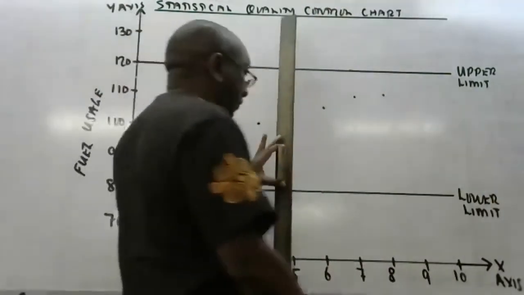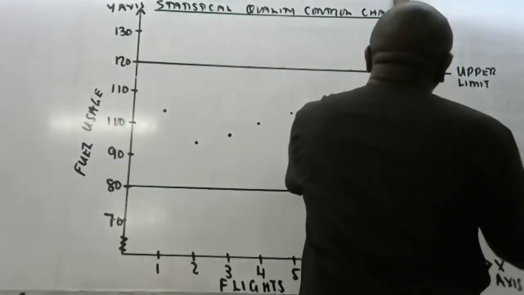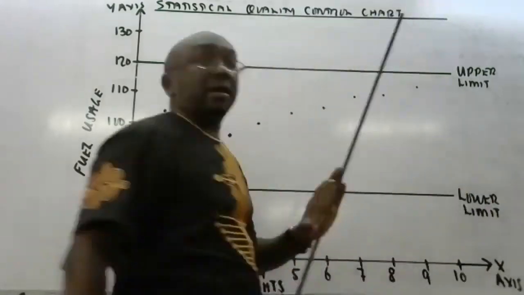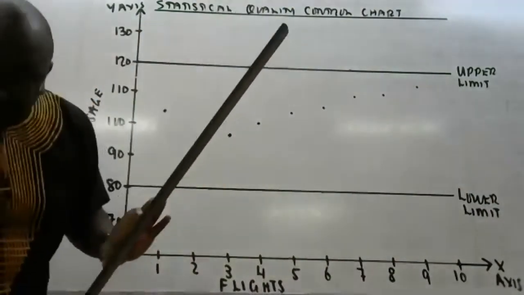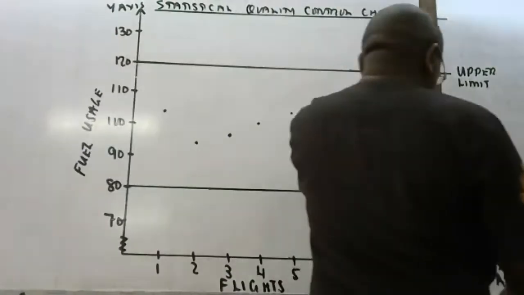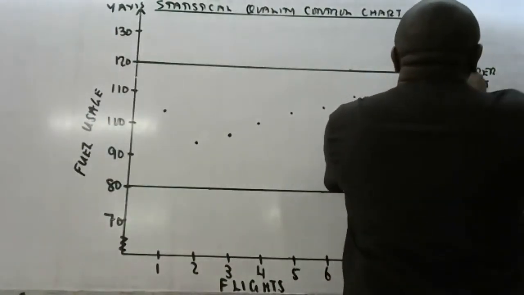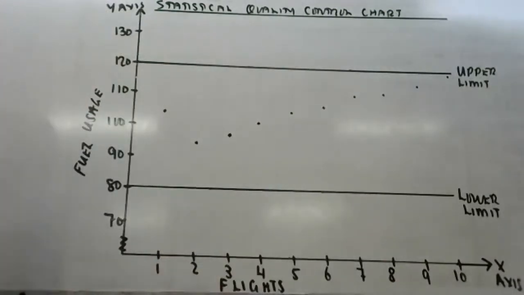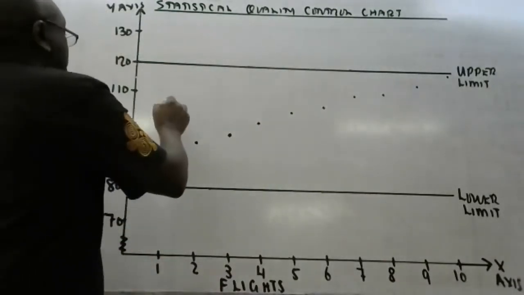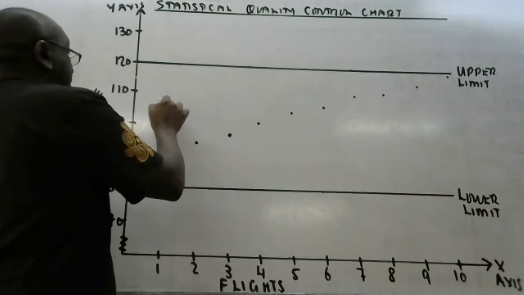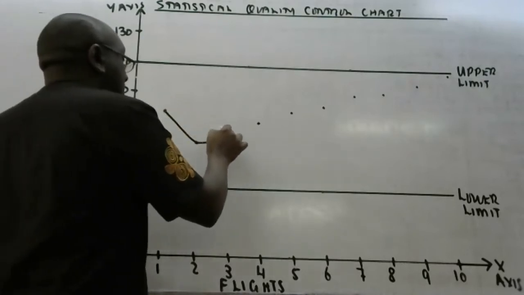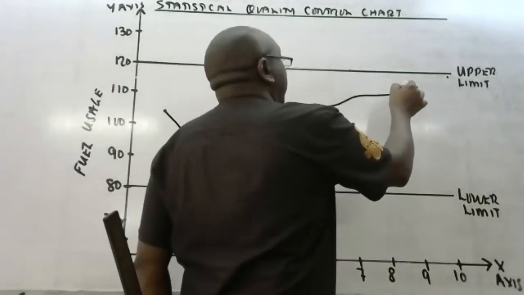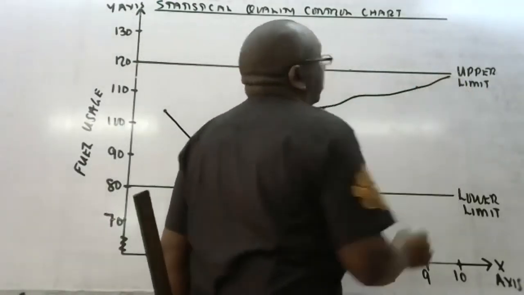Next is 115. So my 115 is exactly here. And my 119 is here. So those points, I join them with a very free hand.